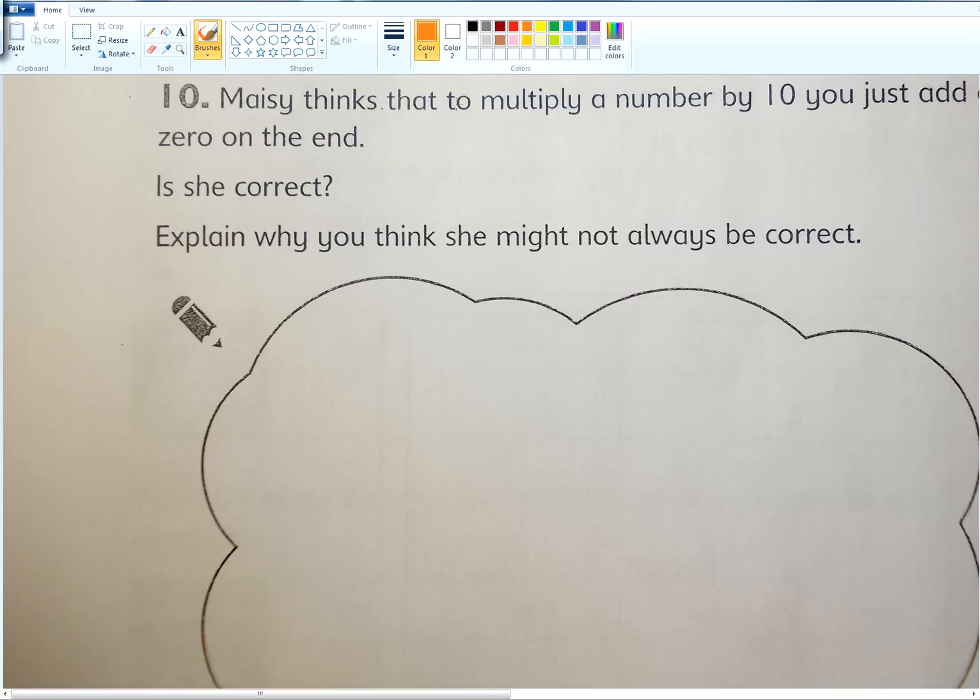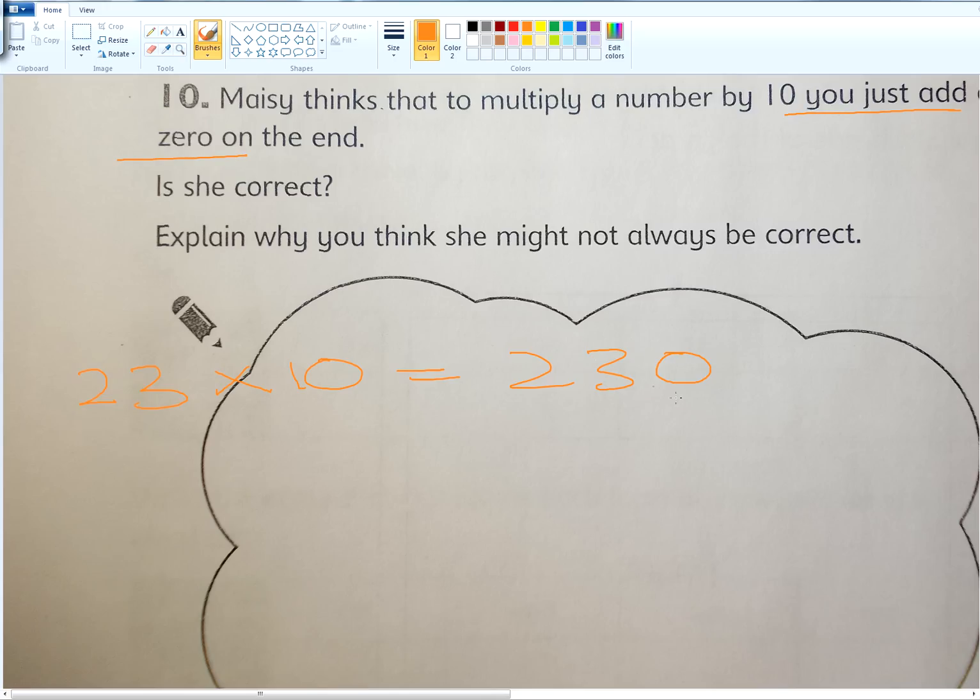Now, she is correct if you are working with numbers like this. So, for example, let's do 23. If we multiply this by 10, the answer is 230. So she said that you simply add a 0.